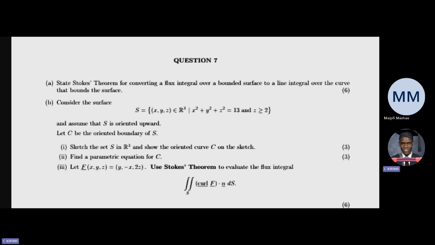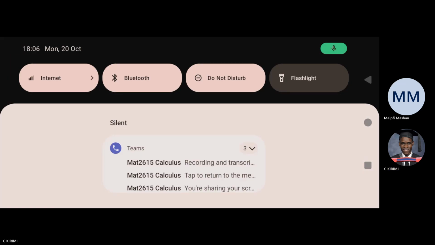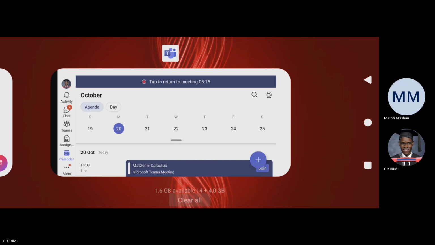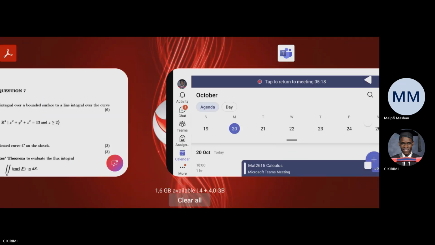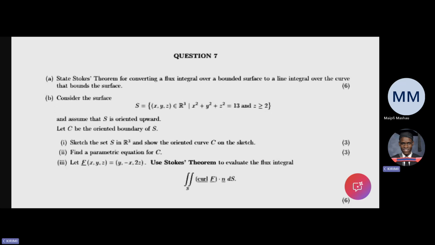So the question is saying state the theorem by converting the flux integral over a bounded surface to a line integral over the curve that bounds the surface.